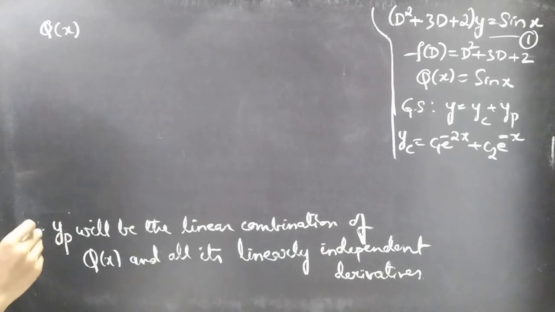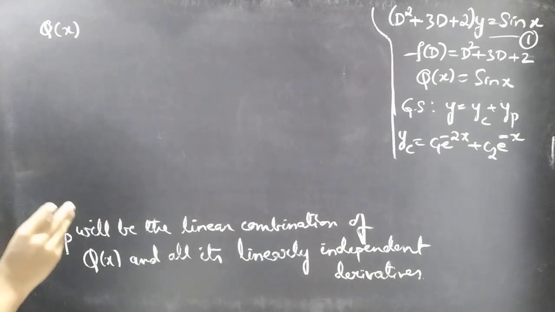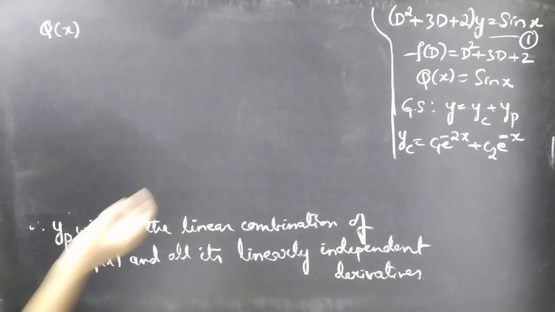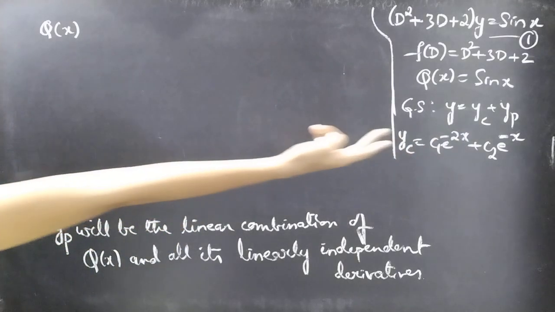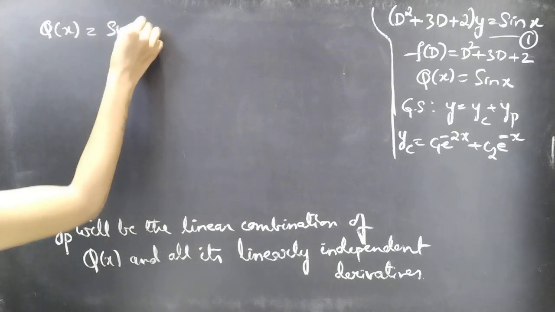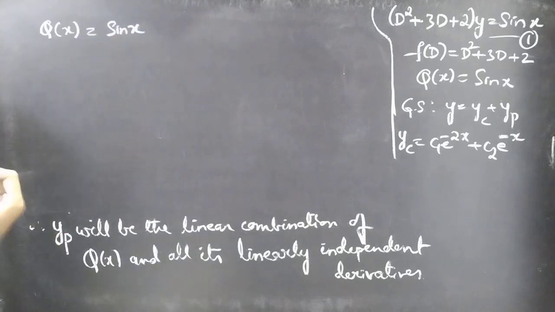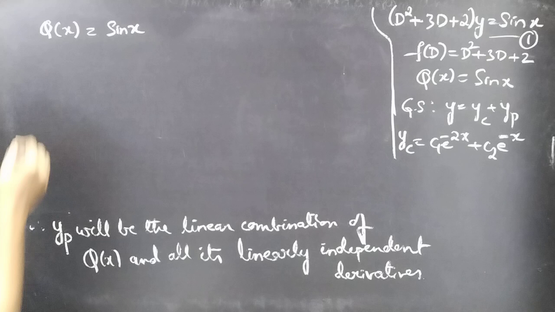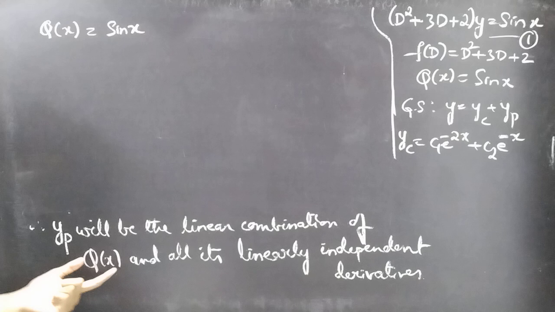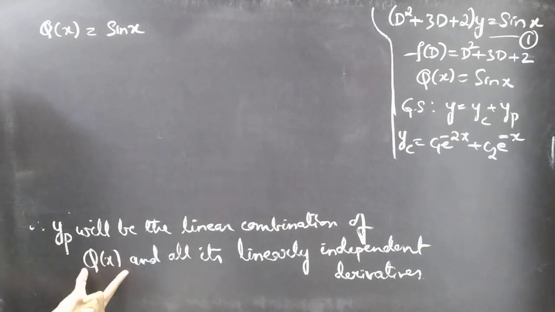But in our case, we don't have any common terms in Q(x) and yc, so we'll just go with Q(x). As I said, yp must contain a linear combination of Q(x) and all its linearly independent derivatives.